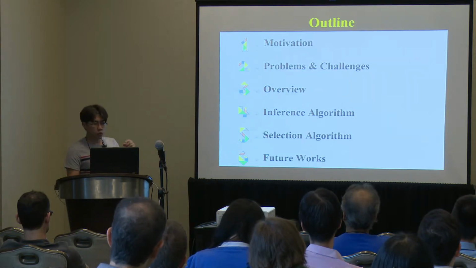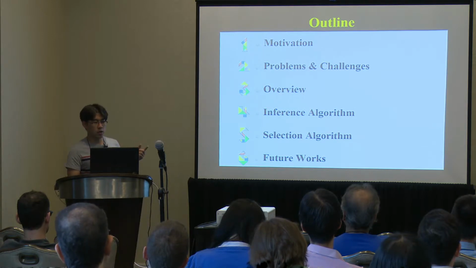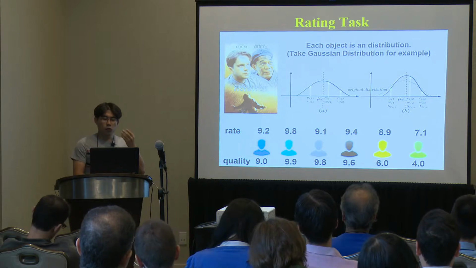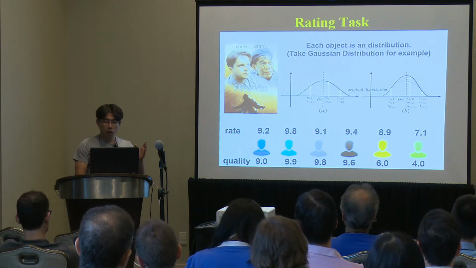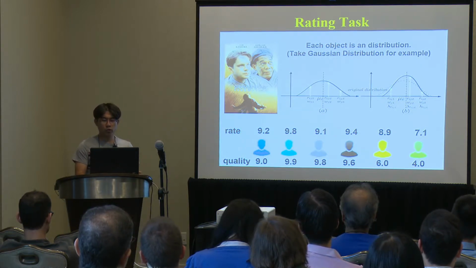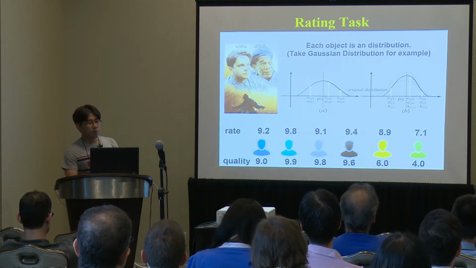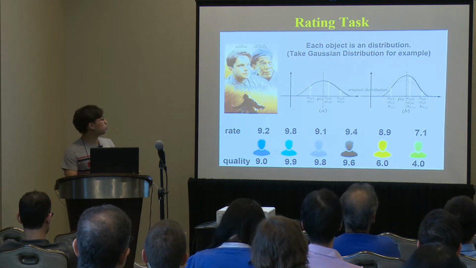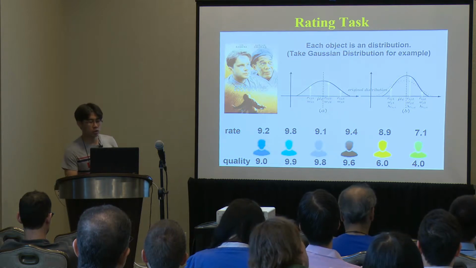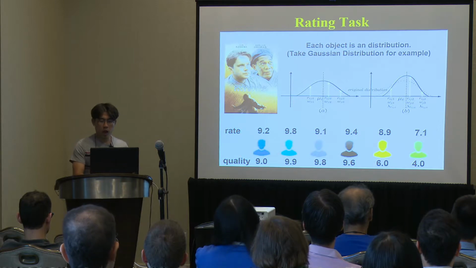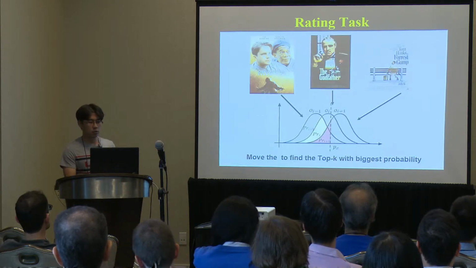First, I will introduce the details of the inference algorithm. For the rating task, we regard each object as a distribution, and each worker gives a rating of the object. We infer the distribution according to the answers from different workers. Notice that different workers have different quality, so the answers have different confidence.